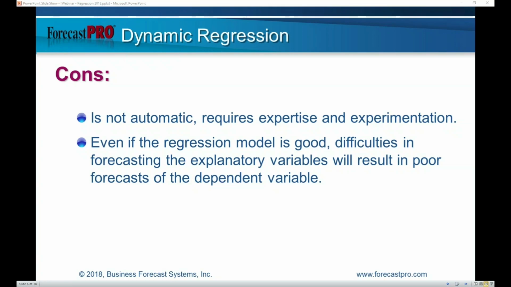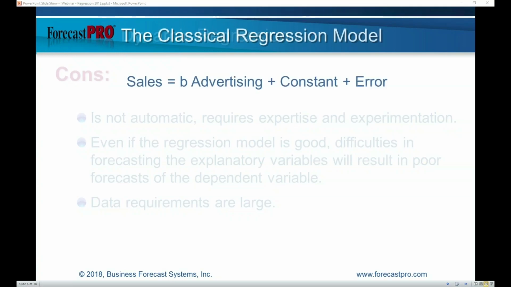If it's concurrent, you need to be able to come up with a good scenario for the future of the explanatory variables. Finally, regression does require data. And the more data we have, the better off we are, and the better we can really understand the relationships between variables. So Sarah will talk a little bit more about data length when she starts talking about variables.